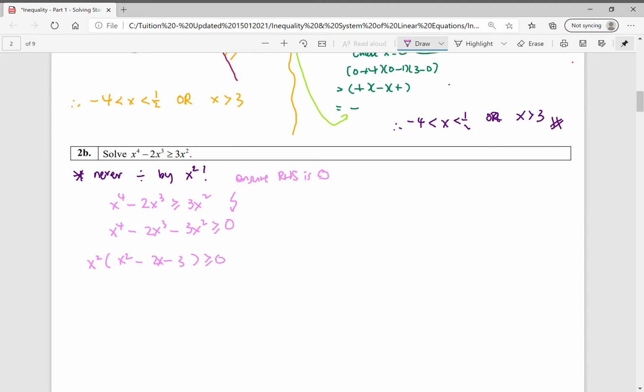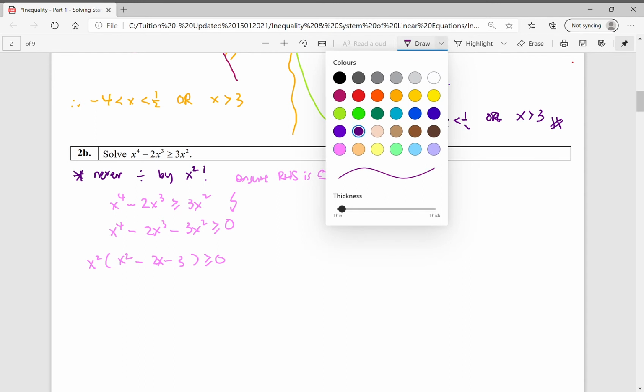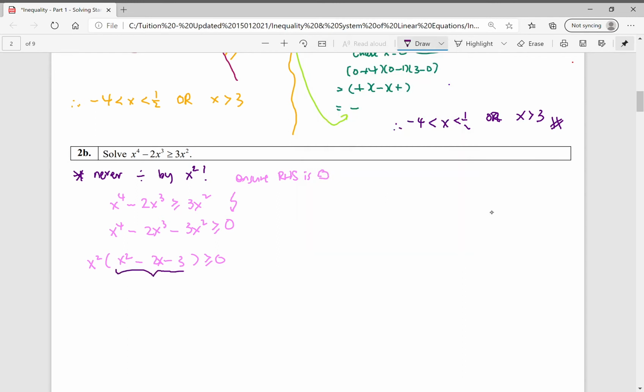Now, as usual, remember to always use your calculator to check on the nature of the roots.